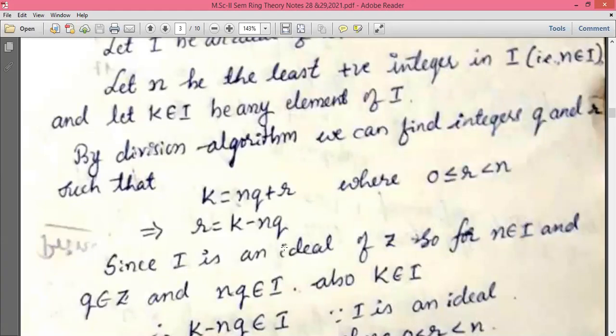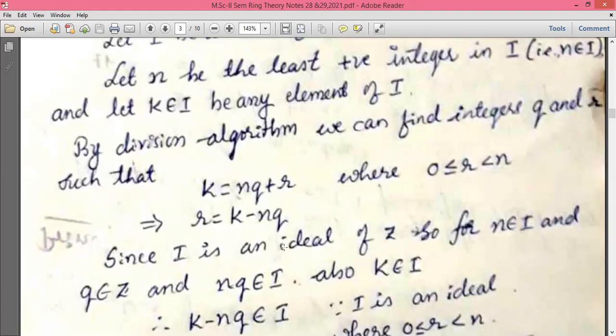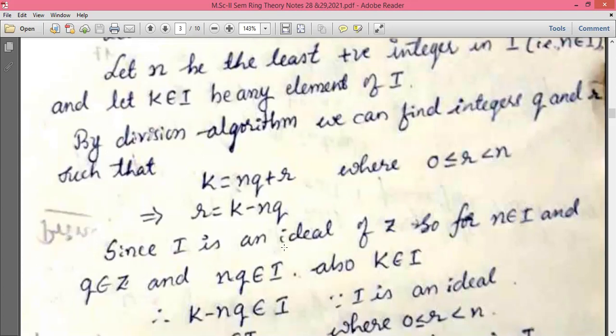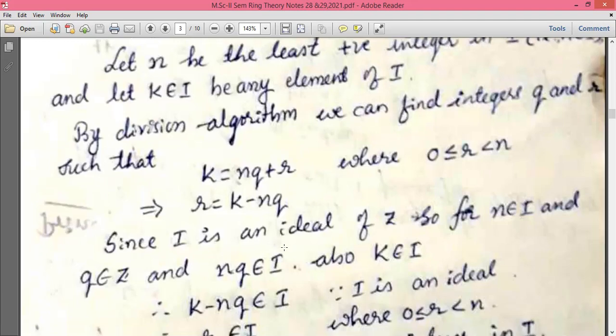Q is the quotient and r is the remainder, such that k can be expressed as nq plus r, where r runs from 0 to n. So r is k minus nq.